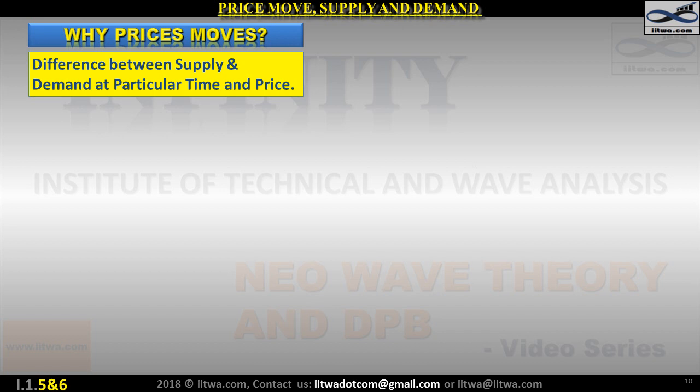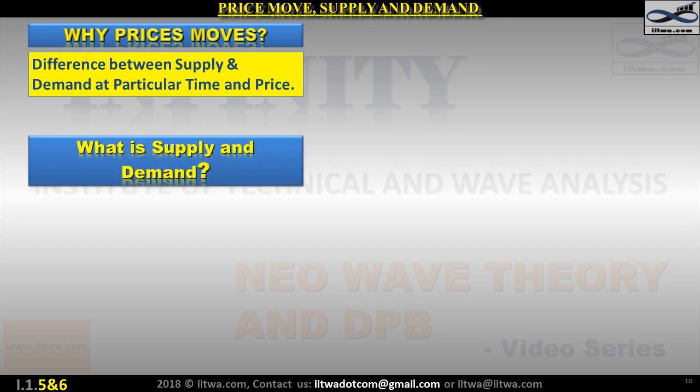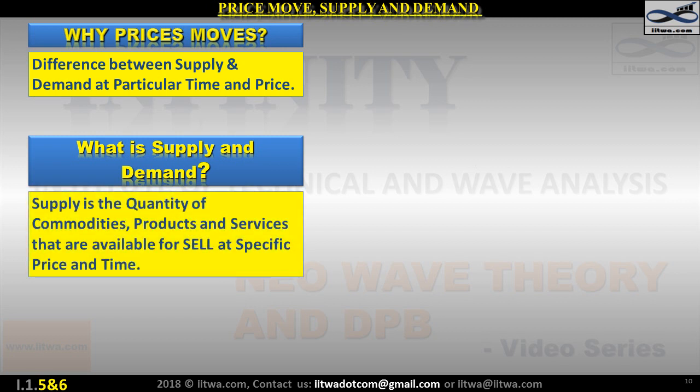This answer added two terms, that is supply and demand, so the next question that originates here is, what is supply and demand? And why is a difference created between supply and demand? Supply is the quantity of commodities, products, and services that are available for sale at a specific price and time.